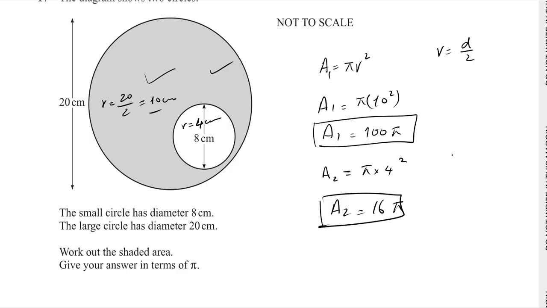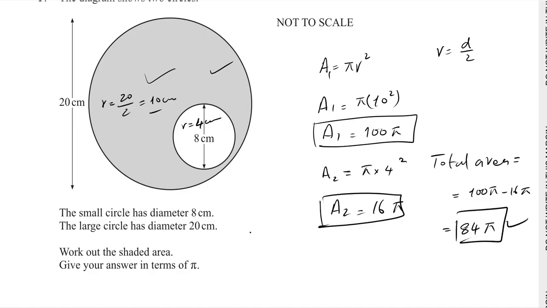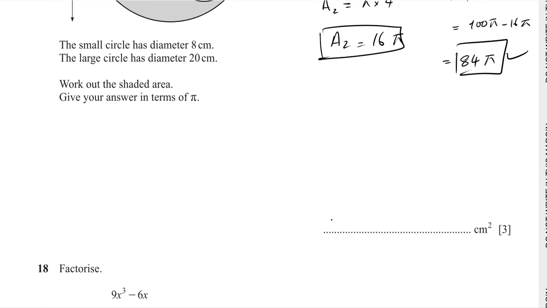So the total area is going to be 100 pi minus 16 pi. That's going to be 84 pi. That's your answer for this question: 84 pi centimeter squared.